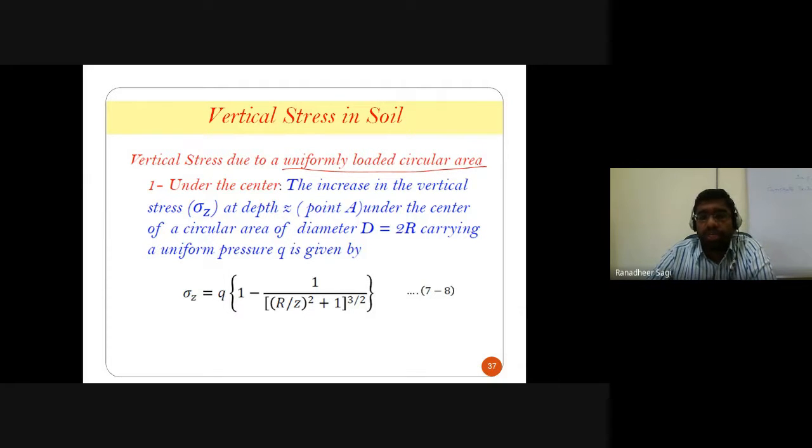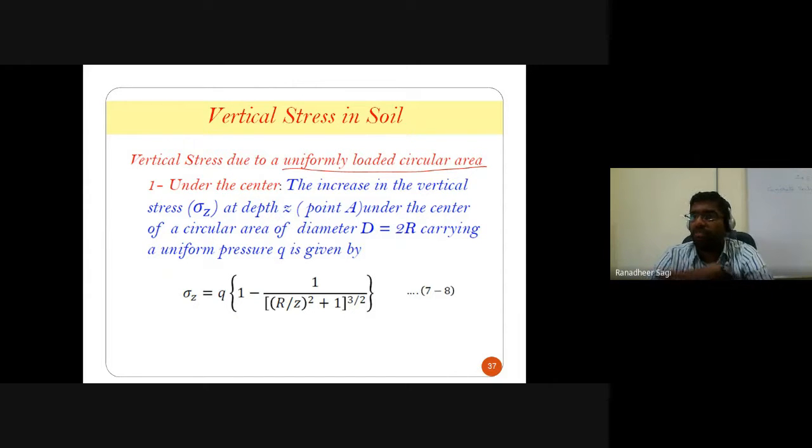Because of a uniform circular loading applied on the ground surface, as we said, most isolated footings or combined footings have regular shapes: either a rectangular or a square footing, or sometimes, if it is an isolated footing, you might even come across a circular footing. So the load coming from such foundations onto the soil would be mostly a uniform pressure over that particular cross section.